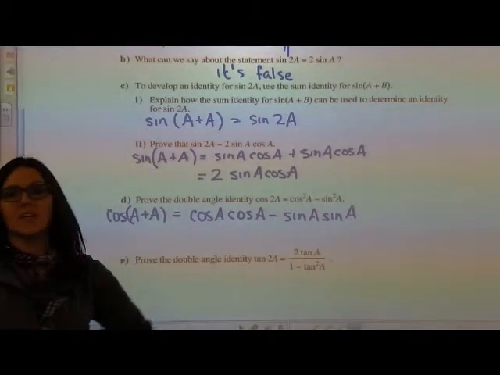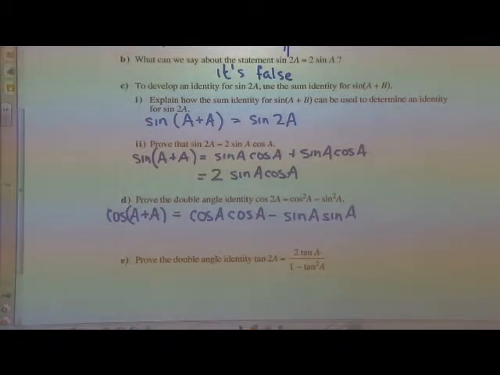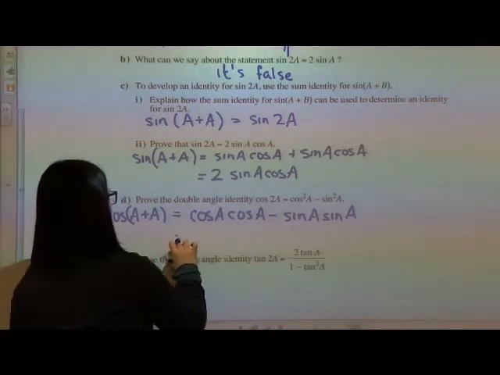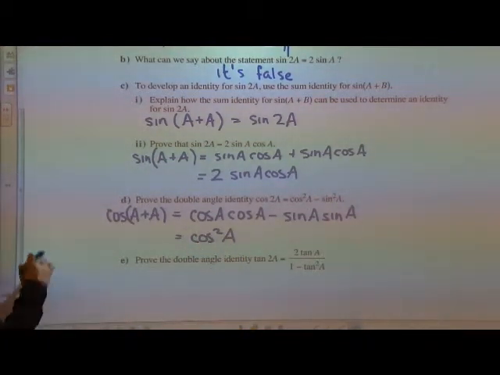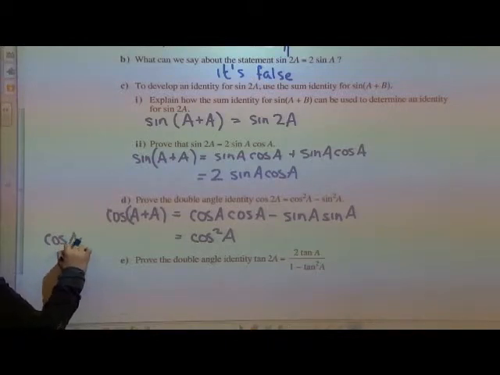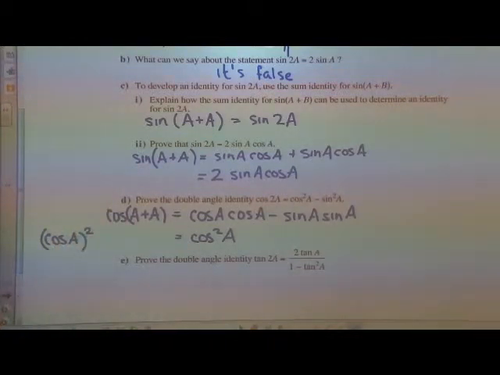So if I take cos a and I multiply it by cos a, what do I get? Cos squared a. It's fine to say cos a squared, as long as you mean that the whole thing is being squared.